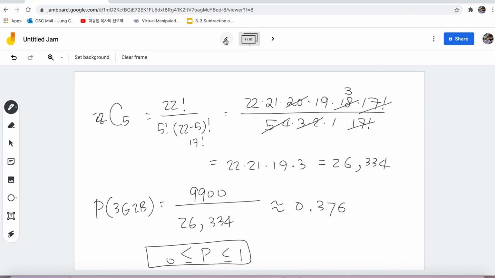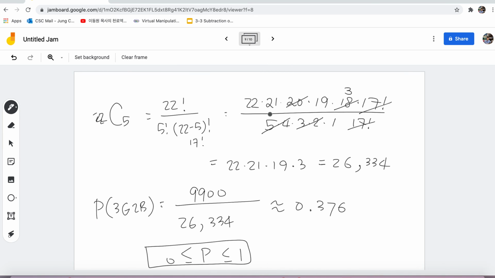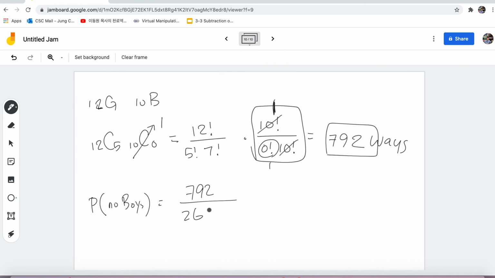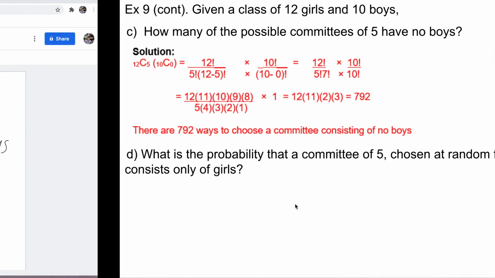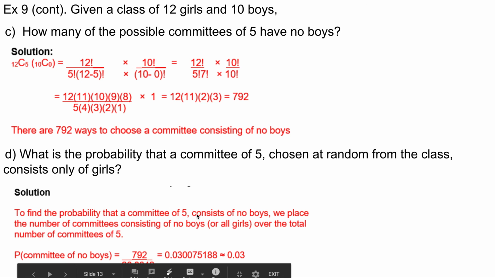What was that? We already found it here: 26,334. Then you get approximately 0.03. Okay, so that is the probability for this.